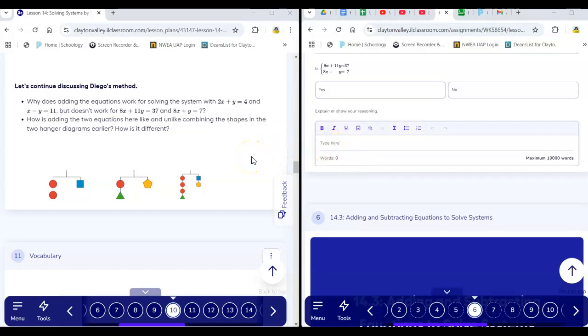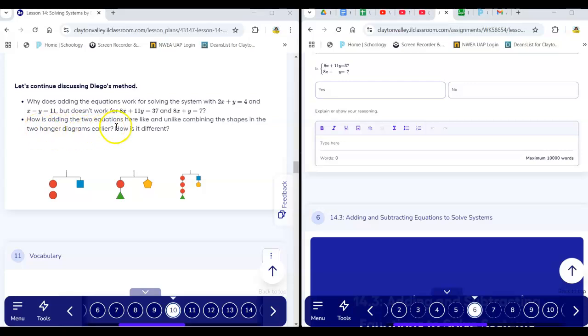You need to think about why it is that you can add 2x plus y equals 4 and x minus y equals 11. Why does adding the equations together in this instance work, but it doesn't work for these two? Okay? And you have to try it, like I said earlier, before you can actually come to that conclusion.